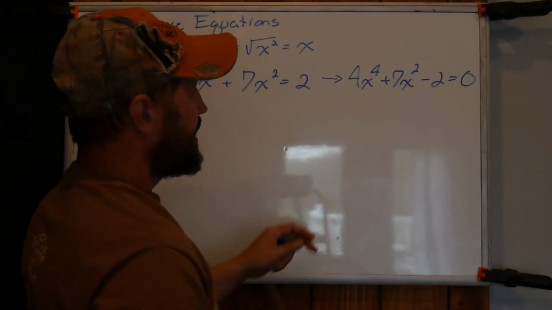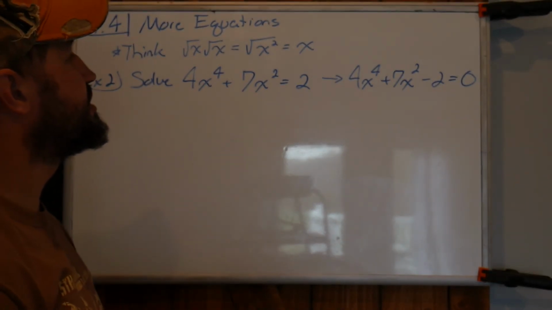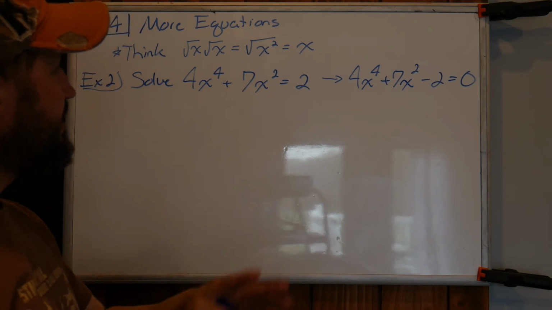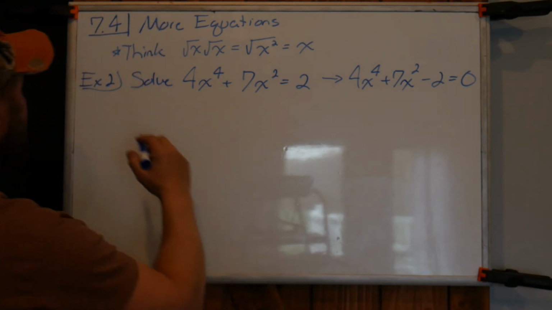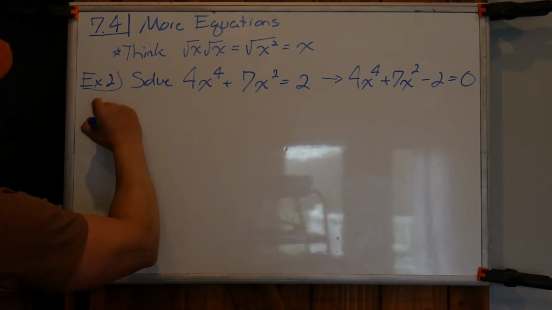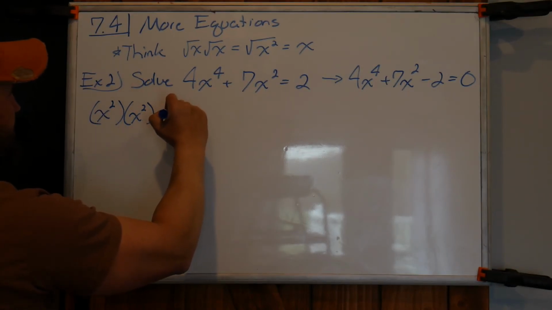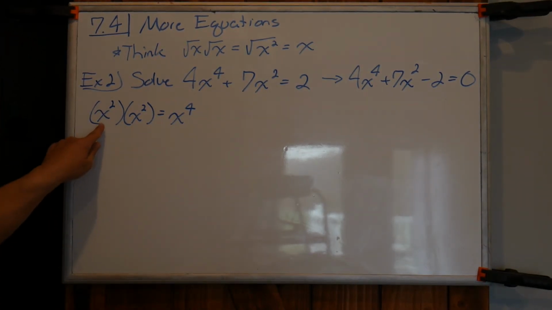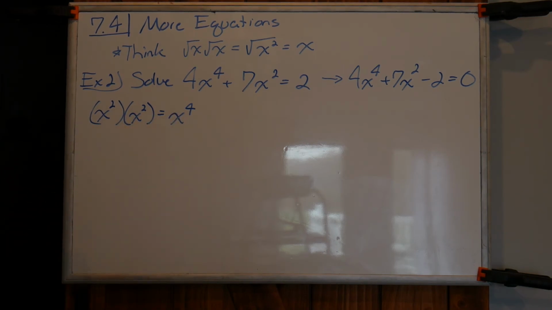Now, some people will say, oh, 4x to the 4th, so I'm going to use 2x squared and work on that, which is fine and dandy, but what we can do is say, you know that x squared times x squared is x to the 4th.